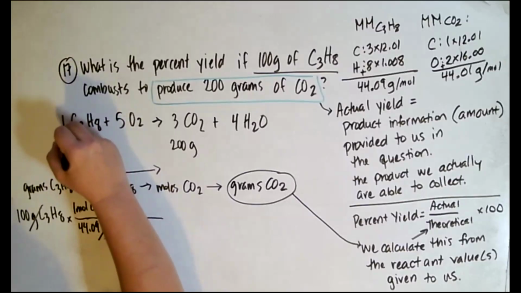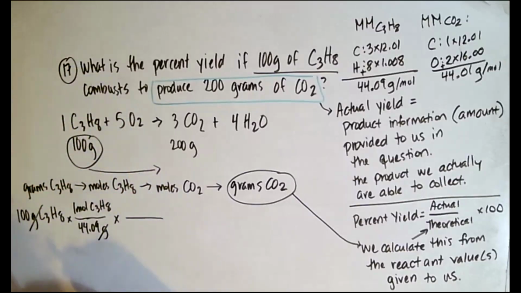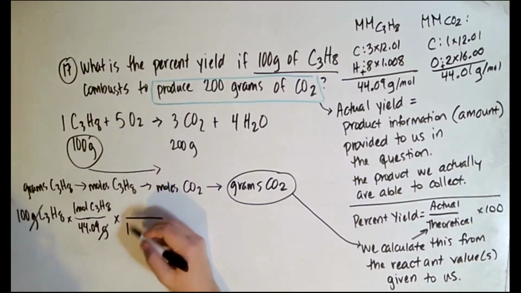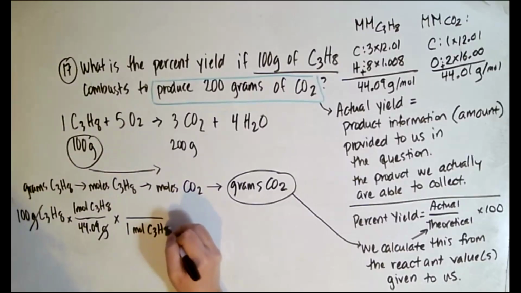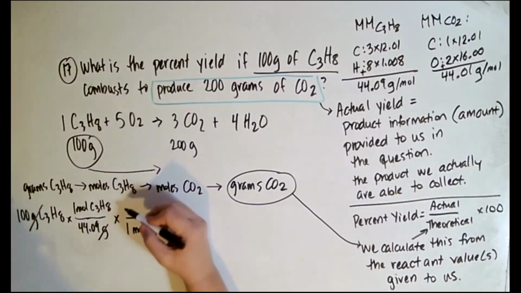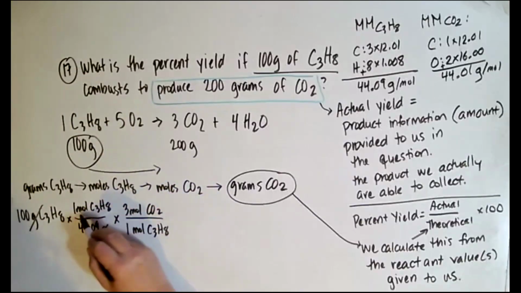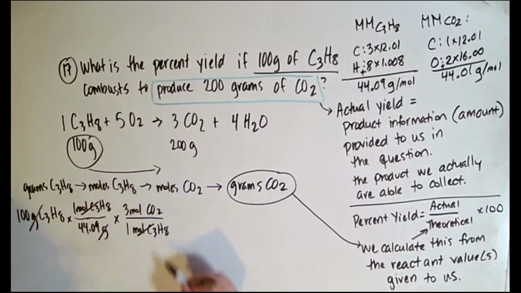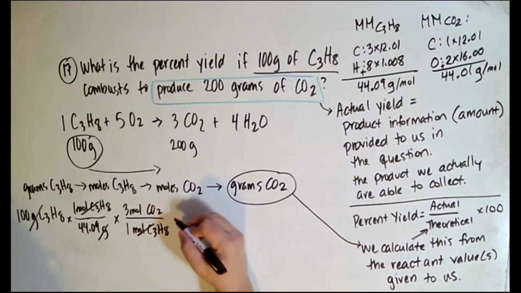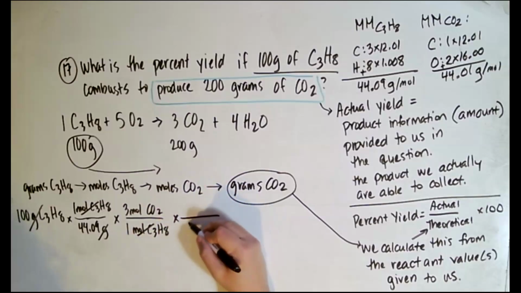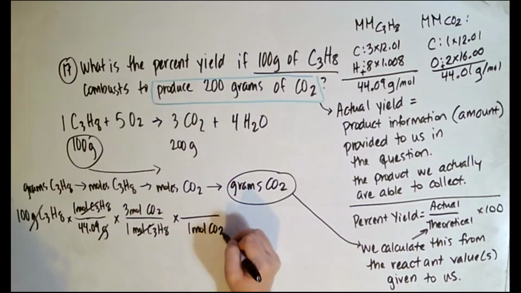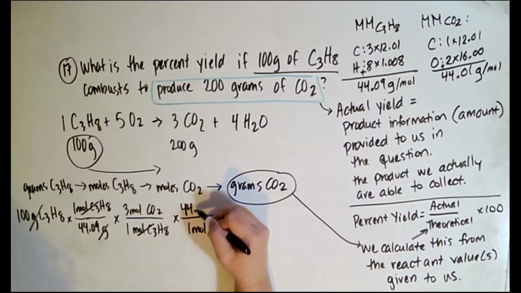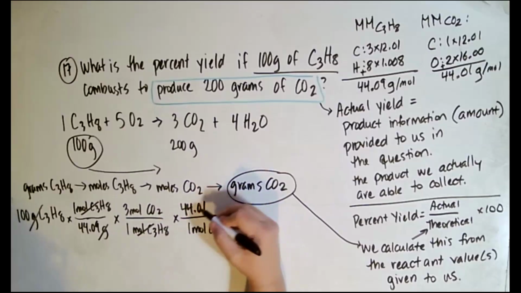We see from our balanced equation, there's no number in front of the propane, so we'll just imagine a number 1 there. It's an implied 1. So every 1 mole of C3H8 is going to produce 3 moles of CO2. And then we're going to go from moles of CO2 to grams of CO2. So we'll have 1 mole of CO2 on the bottom, 44.01 grams of CO2 up top.